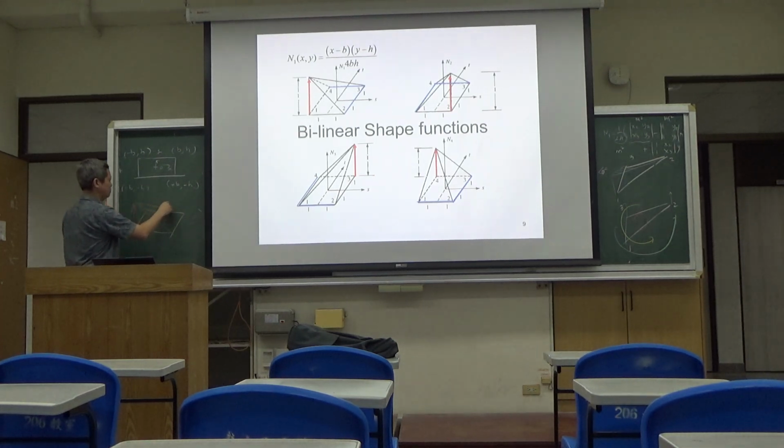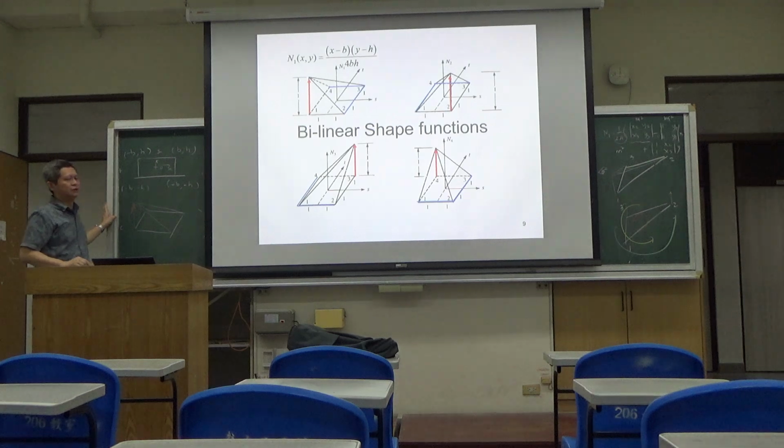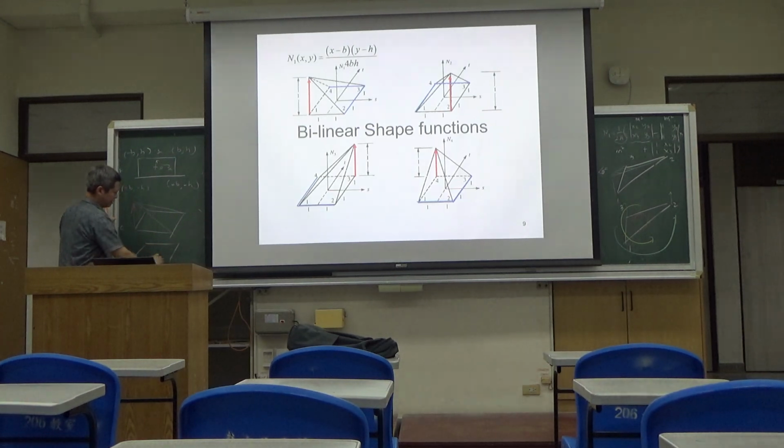So this is now what kind of shape. At the center it is R, okay? But the shape is the shape of a pyramid.